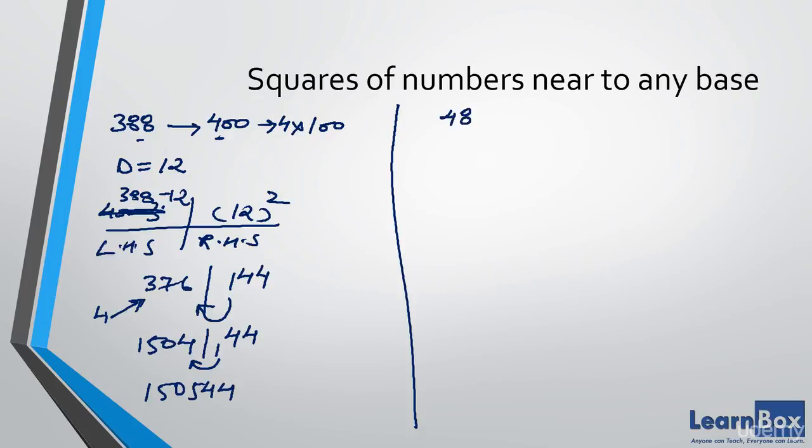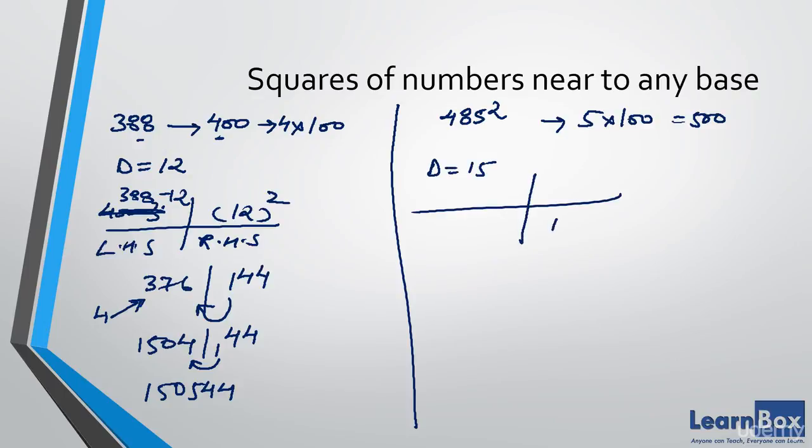Let's take one more example. Let's find out 485 square. So we'll take base as 5 into 100 or 500. Deficit is 15 here, so RHS is 15 square and LHS is 485 minus 15. So this is 470 in the LHS and 225 in the RHS.